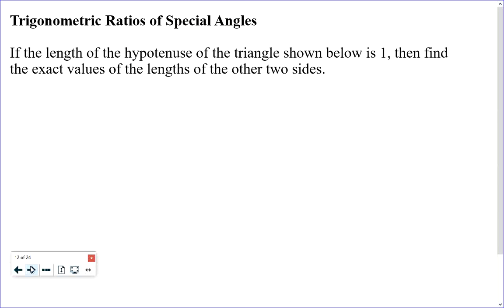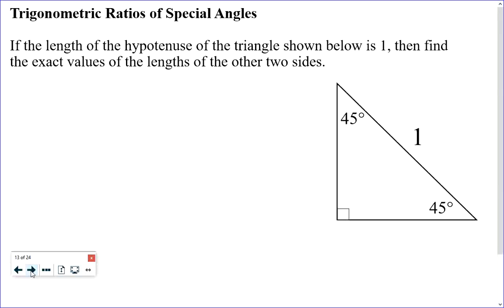So, you're given a task here. There's a triangle. This is a right triangle, and the two acute angles are 45 degrees each. The acute angles in a right triangle are always the angles that are less than 90 degrees. The question is, if the hypotenuse of that triangle is 1, how long are each of the other two sides?